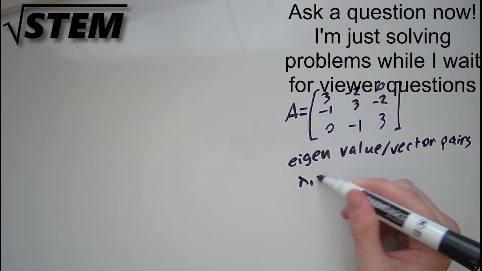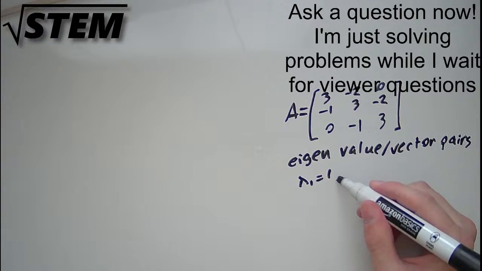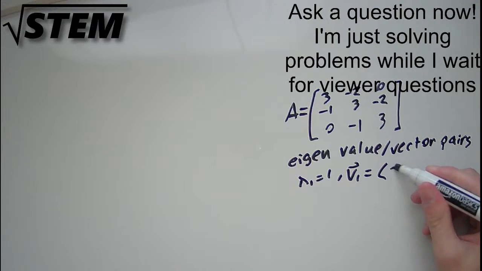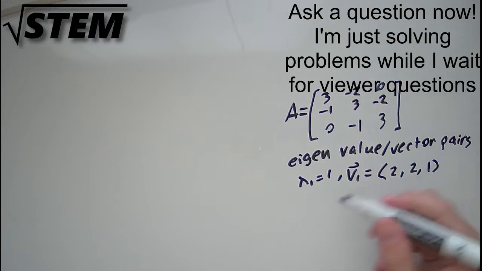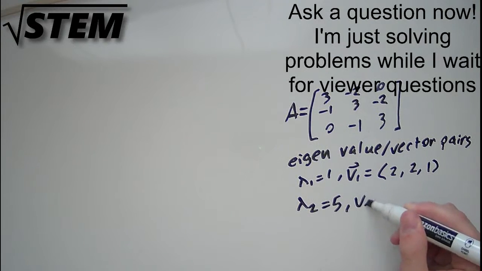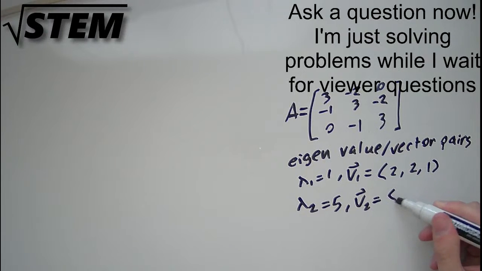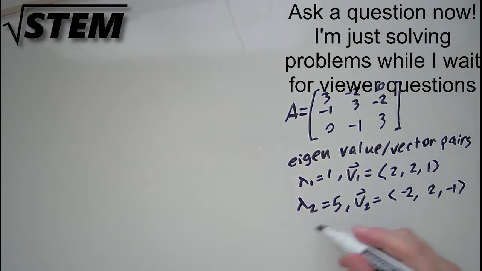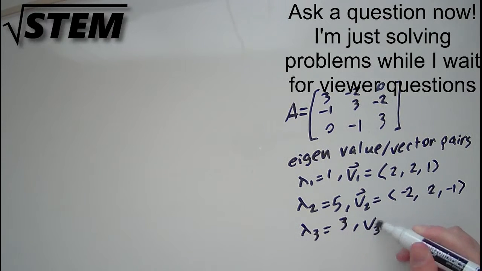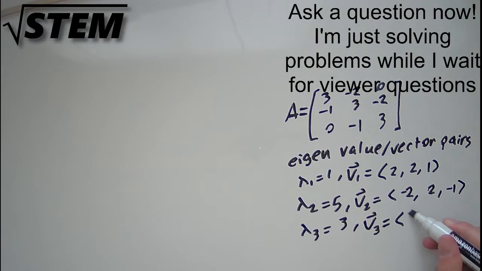Lambda 1 is 1, v1 is, I'm going to write these sideways to save space, 2, 2, 1. Lambda 2 is 5, v2 is negative 2, positive 2, negative 1. Lambda 3 is 3, v3 is 2, 0, negative 1.